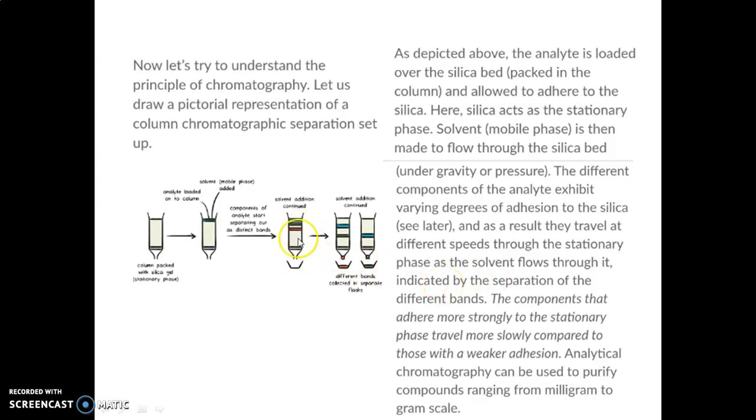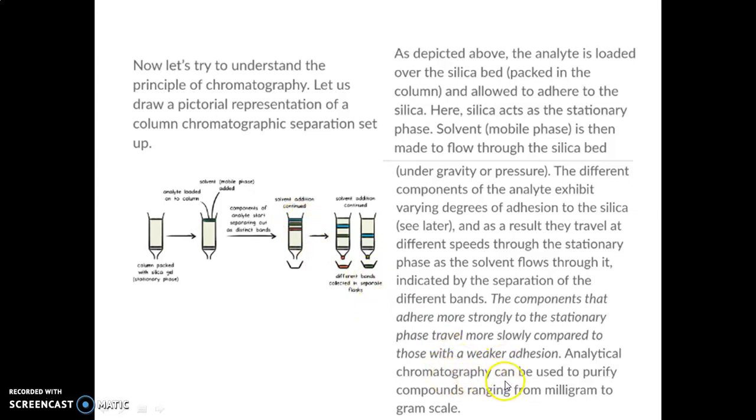Here we will get different bands, and the components that adhere more strongly to the stationary phase travel more slowly compared to those with weaker adhesion. That means this particular band has more adhesion toward the stationary phase.